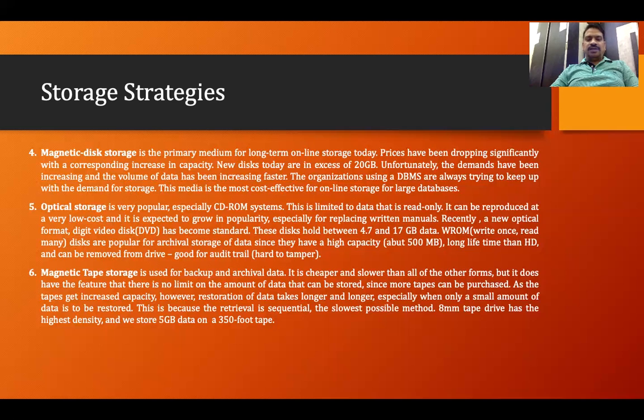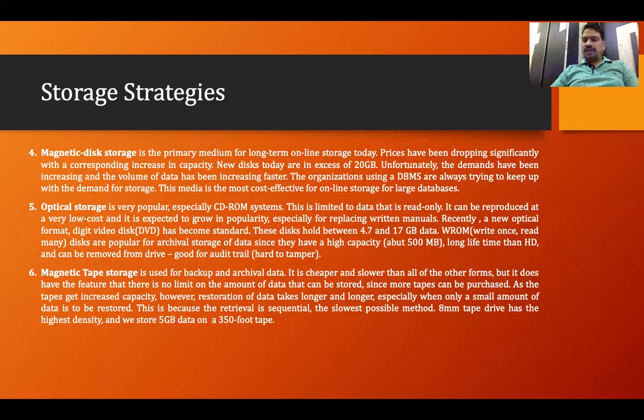And this magnetic tape we used in the previous days, when the magnetic disk or SSD drive hadn't come into existence.